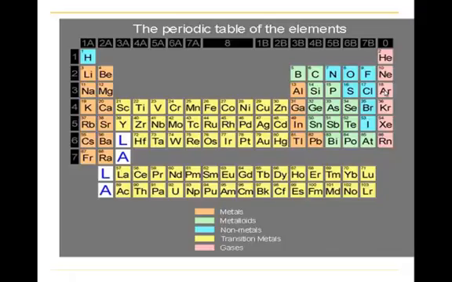Here is the periodic table, and remember I told you that there are 92 naturally occurring elements. So look at the atomic number, which is what the elements are listed by. There's number 1, number 2, number 3, number 4, 5, 6, and you get the idea. If we go down here and we look at 92, 92 is U, that's uranium.